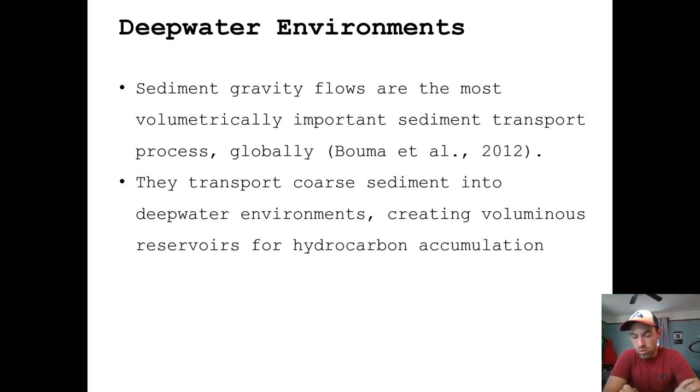And so if you're trying to move that coarse sediment further out into the deep water regime, these sediment gravity flows are a very effective way of doing that.